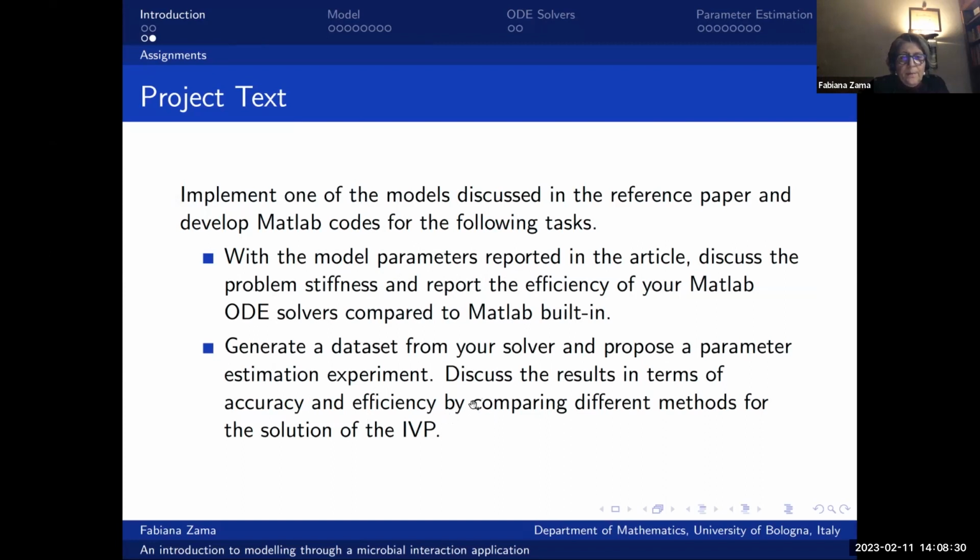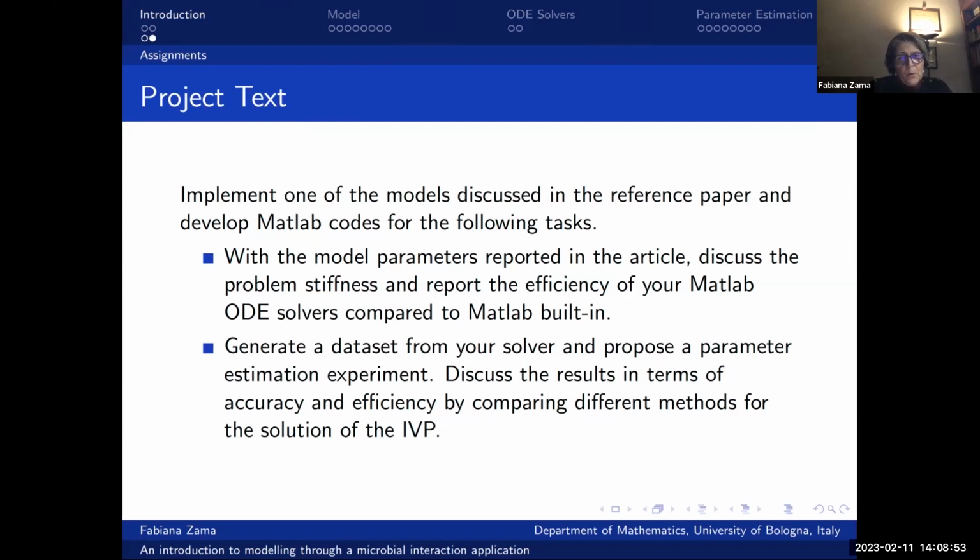And then they were asked to generate a data set, so build up an artificial data set, a synthetic data set from the given parameters, and then try to do some experiment in parameter estimation.